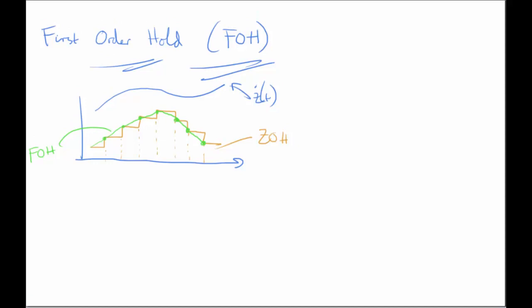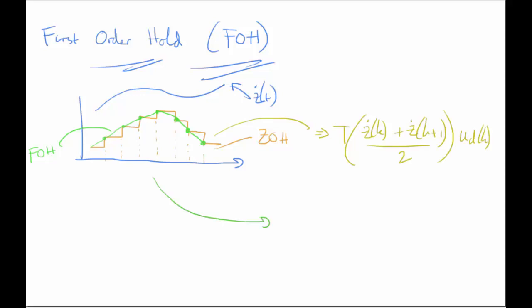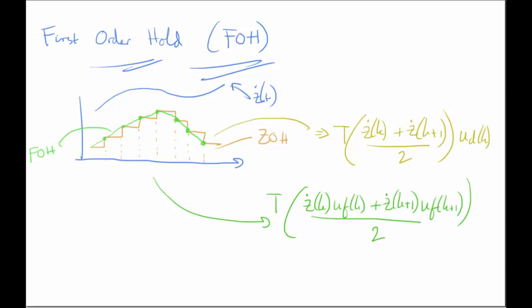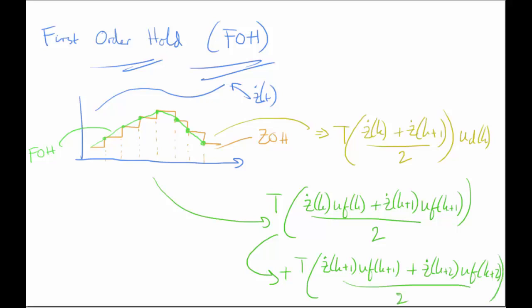So this here is the power from the zero order hold method, z dot k plus z dot k plus 1 over 2 by the PTO force, which is the scaled version. And you can see here the first order hold method is z dot k by uf k plus z dot k plus 1 by uf of k plus 1, divided by 2. So it's a trapezoidal rule instead of this kind of backwards Euler trapezoidal hybrid, which is very awkward.